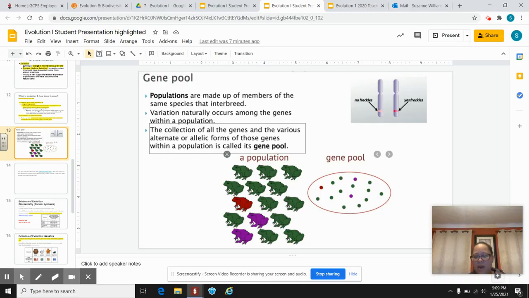So how those genes enter and leave a system and are available for reproduction, and then you see it in the frog that's produced, that's gene flow of the gene pool. We'll talk more about this and we'll do some practice, but we just want to keep it pretty simple.